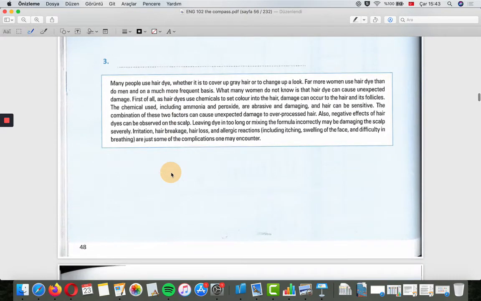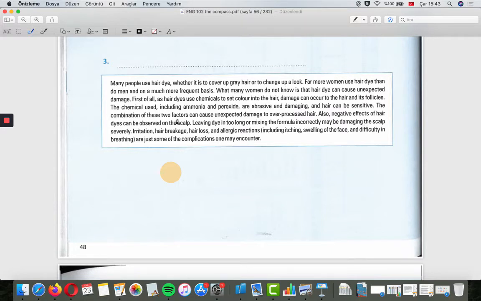Let's look at number 3. Many people use hair dye, which means coloring for your hair, for example, when it's gray. Women use it more, but it can cause some damage. For example, chemicals affect follicles, okay, the roots of your hair. It's got ammonia and peroxide. They're abrasive and damaging.